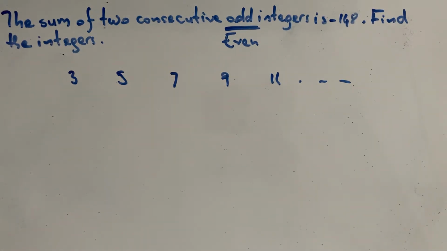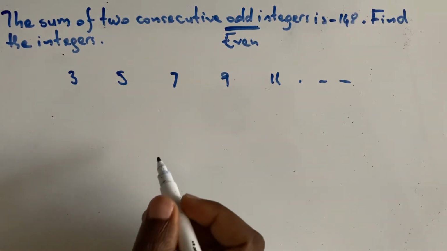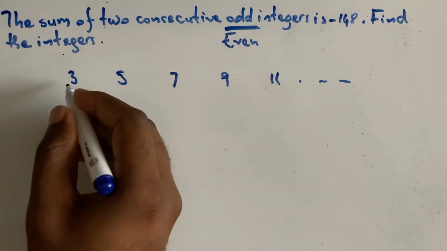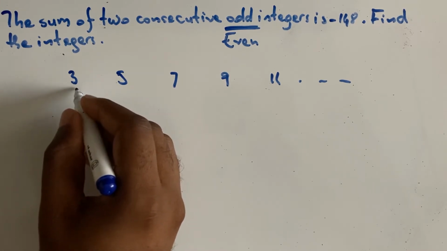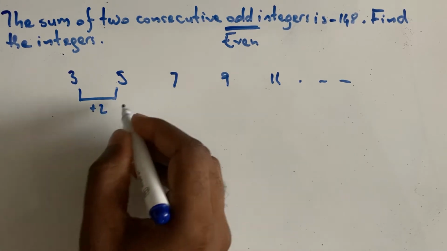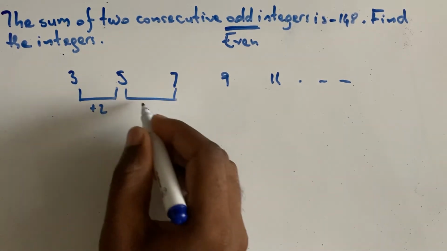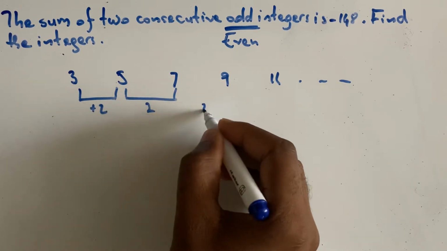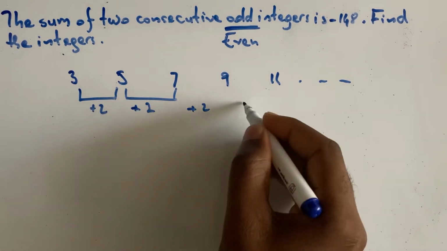Now, since we're saying odd integers, what's the pattern here? What do you realize? The first one is here. To get the second one, what did we do? We added 2 to it. To get the third one, we added 2 again. And fourth, 2. You keep adding 2.